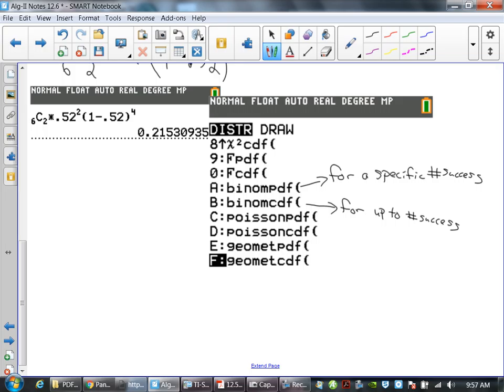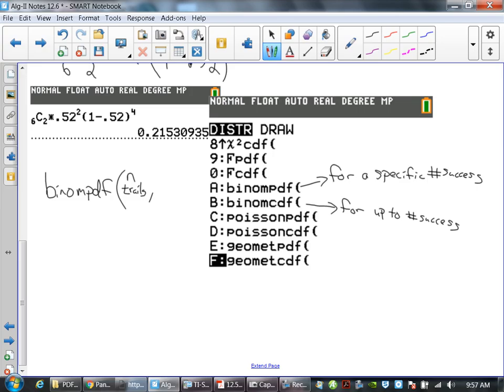The way that you would do this is that when you put in binomPDF, the calculator opens up a parentheses. The first thing you put in is your number of trials, and then a comma.